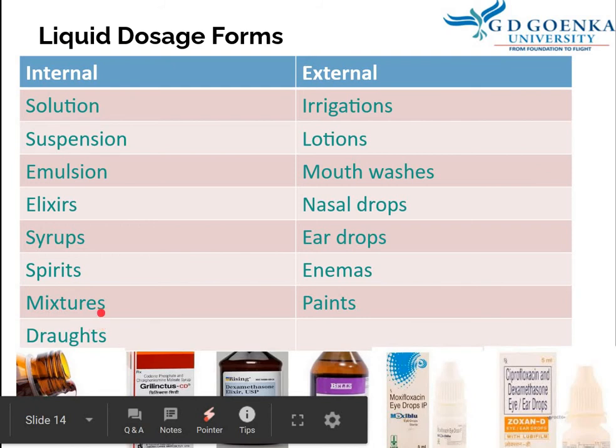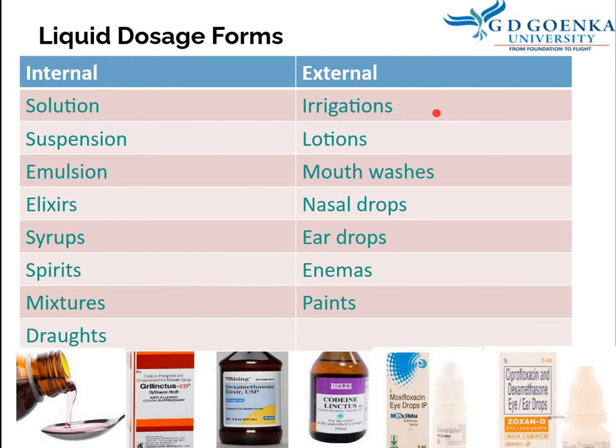Mixtures: different types of cough mixtures are examples of this. Drafts are nothing but single unit preparations of the liquid dosage form. Externals are irrigations, lotions, mouthwashes, nasal drops, ear drops, enemas, and paints.